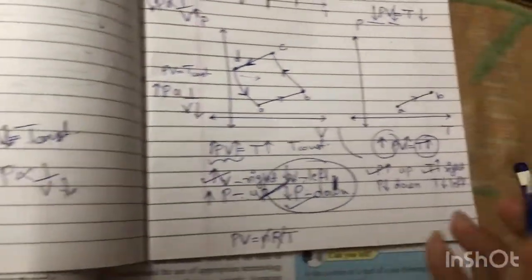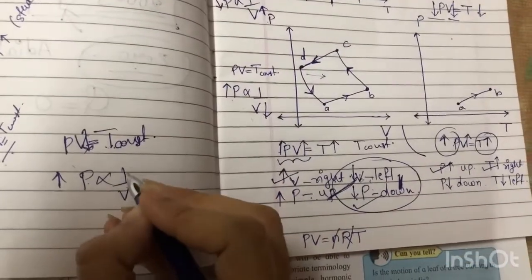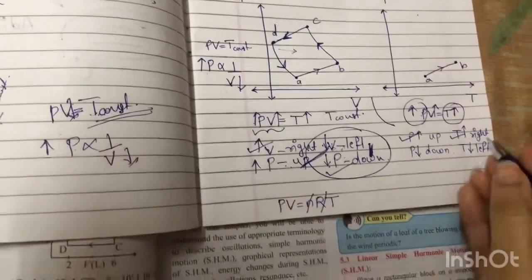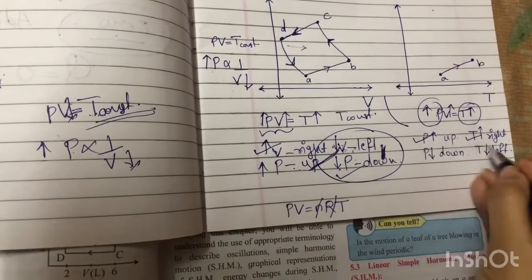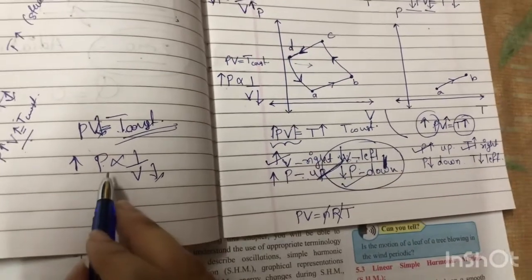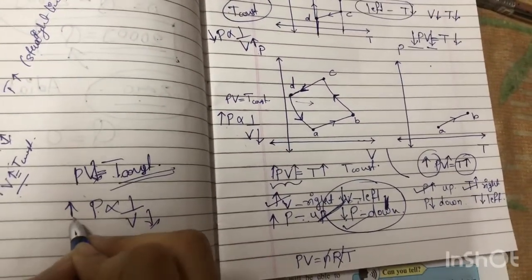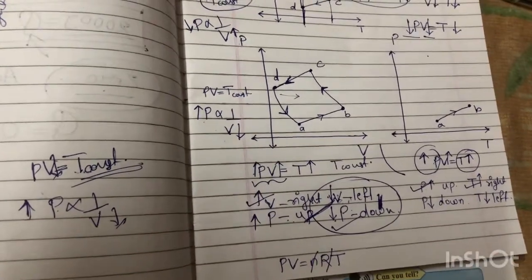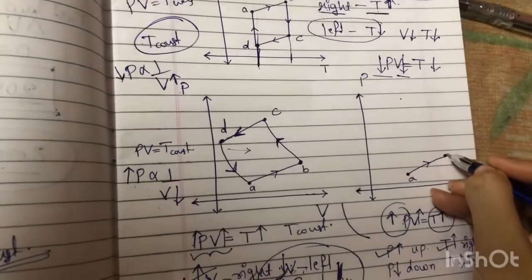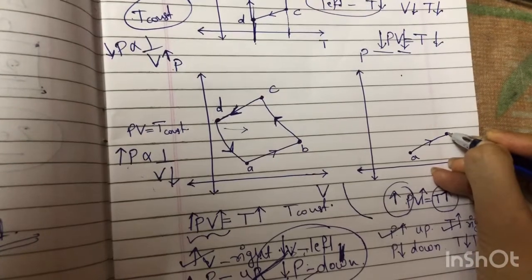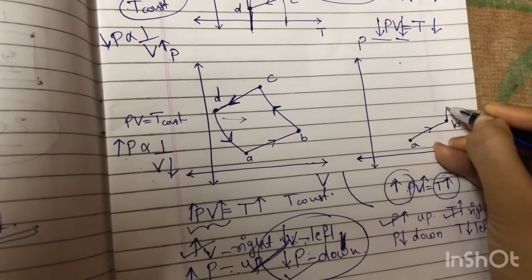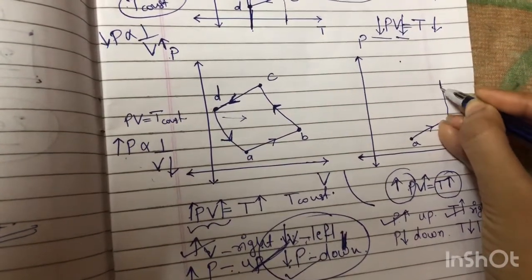Temperature is constant means it does not move anywhere, just the pressure will increase. Pressure will increase means it will be a straight line from B to C. See, I am moving upwards.